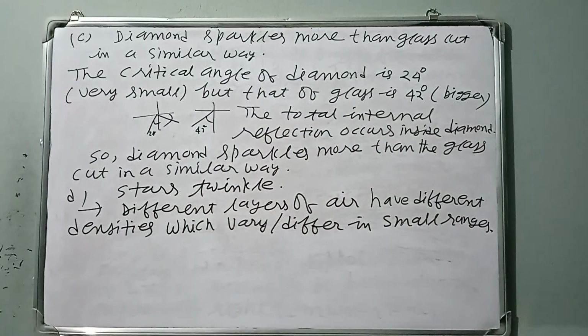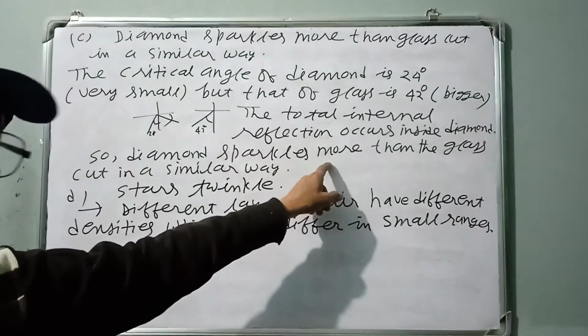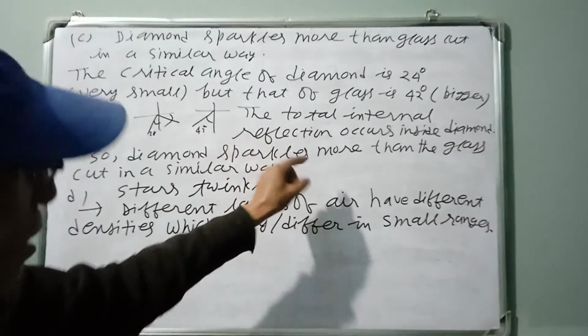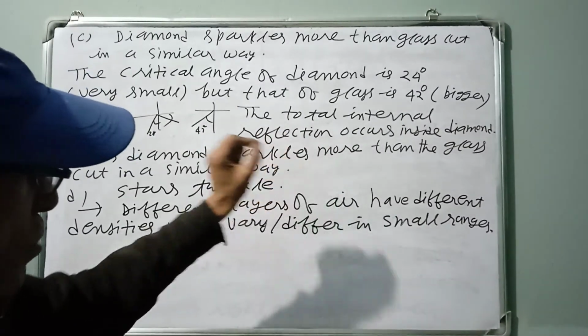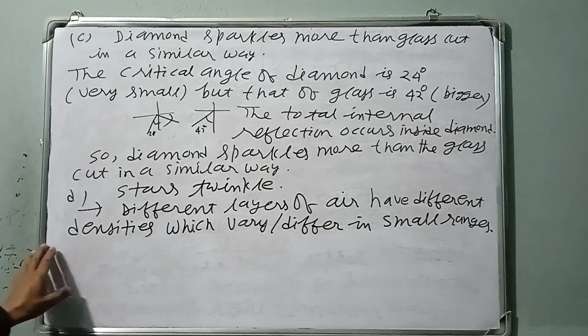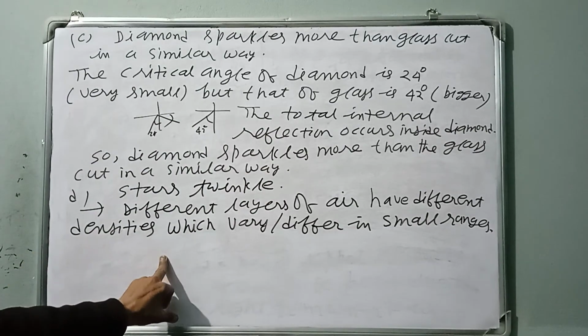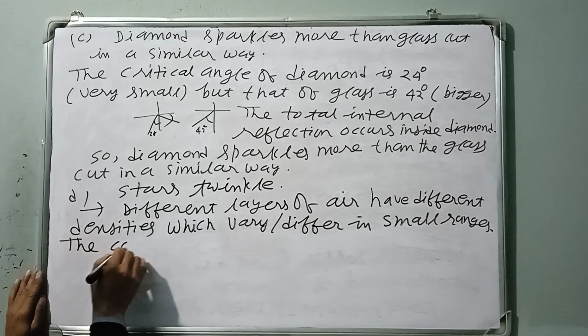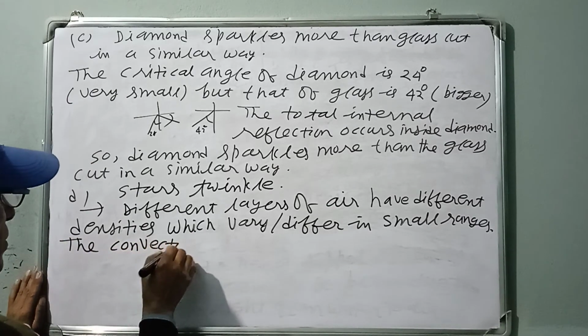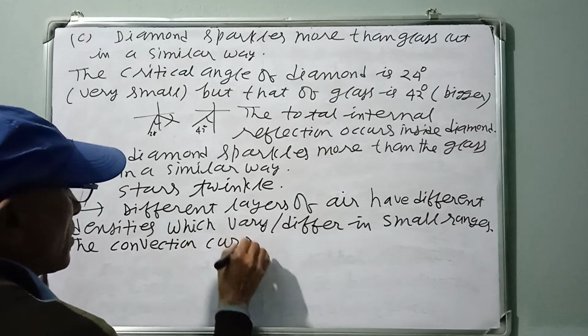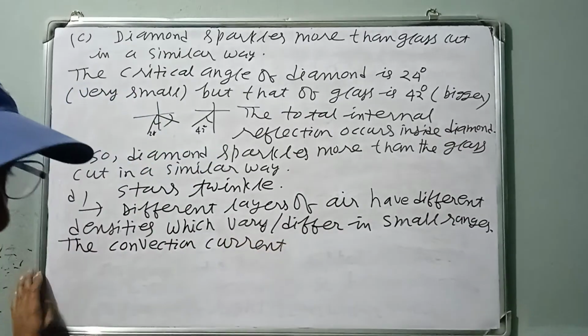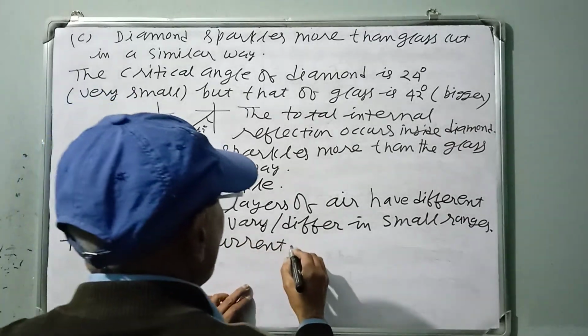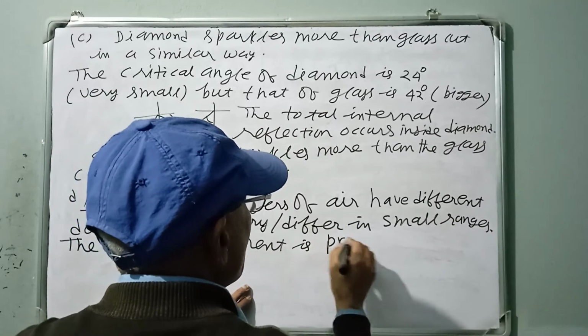And what happens if the density varies? The convection current is produced.